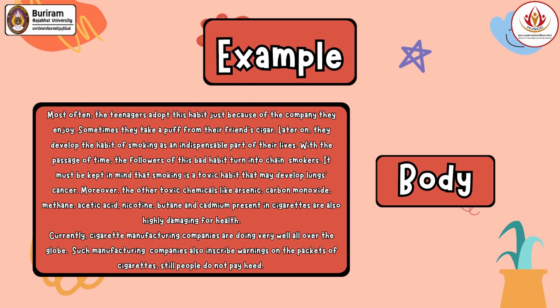Currently, cigarette manufacturing companies are doing very well all over the globe. Such manufacturing companies also inscribe warnings on their packets of cigarettes, but still people do not pay heed. This is an example of the body of our informative speech.